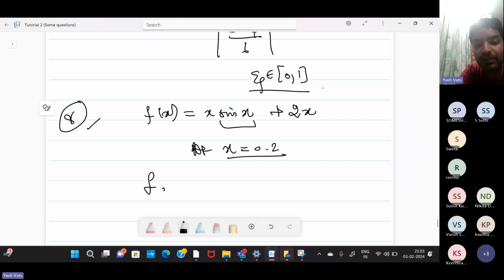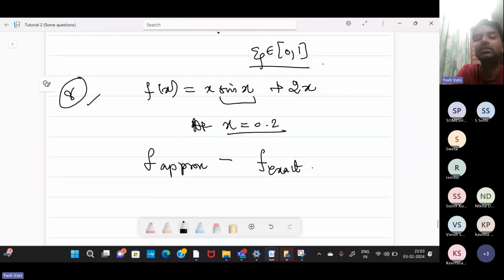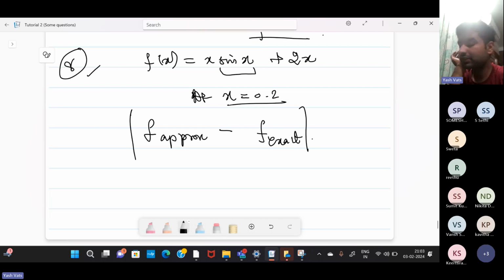So just calculate f approximate minus f exact, and take the absolute value. What type of error is it? It is absolute error. This is very basic. This is an easy question. But it is specified in the question that you need to use a calculator or the Taylor series approximation up to some digits. That's it.